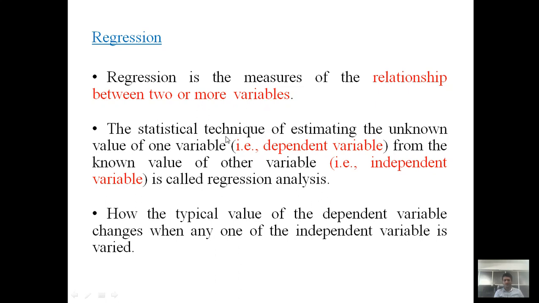Sometimes this technique is also known as regression analysis. Ultimately, we have to find out how the typical value of the dependent variable changes or varies when the independent variable is changed.